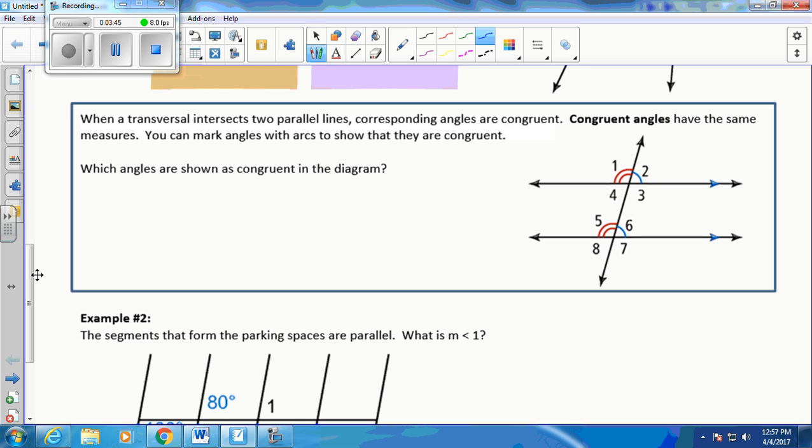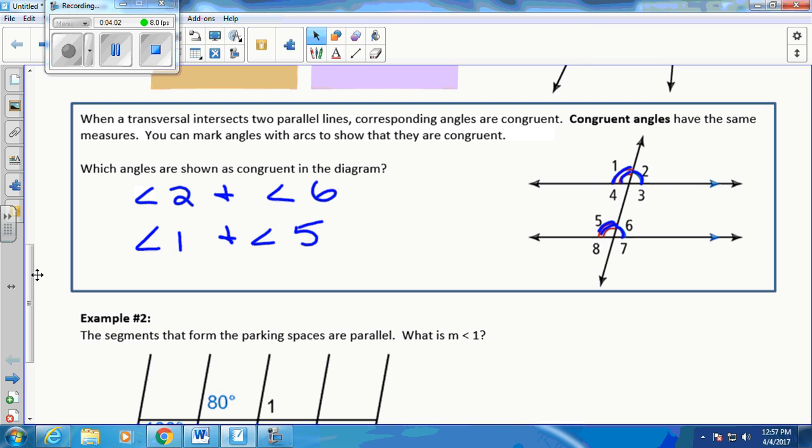So here, this has one arc and this has one arc. So they're showing us that angle 2 and angle 6 are congruent. And then this one has two arcs. So they would be telling us that angle 1 and angle 5 are congruent. What's happening here is that this transversal that I'm going to be marking in green is now intersecting two parallel lines. So the two lines in red that never touch. That's what parallel means.